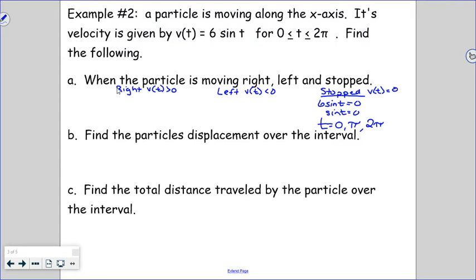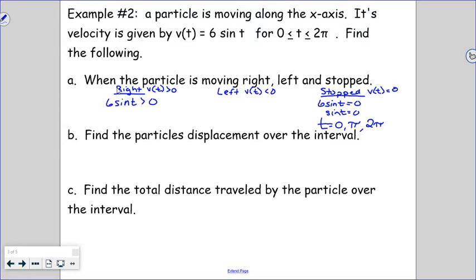Now, with that being said, this is not as straightforward as just solving an equation. I know that those are the places where it's going to be stopped, probably changing directions. So think about this again as far as what we know about our unit circle. The function 6 sine of t is just our sine graph vertically stretched by 6. When is it greater than 0? When is it going to be above our x-axis, or when is it positive?